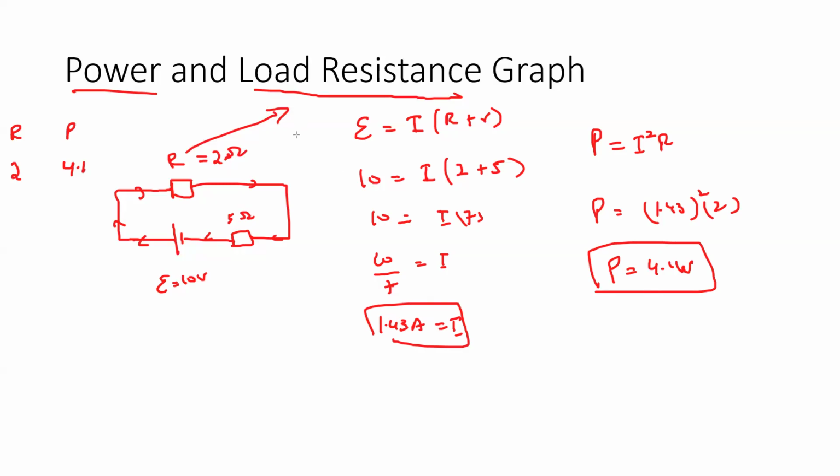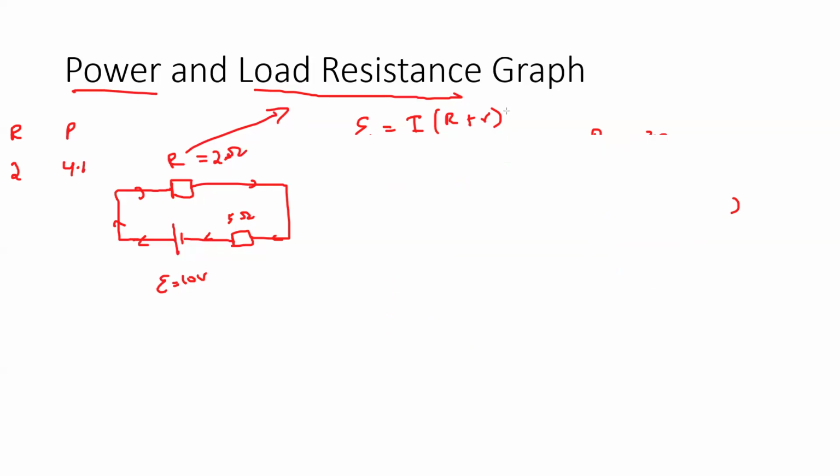Now we change the load resistance to a new value. Let's say the load resistance is now 5. We'll solve first for the current. The EMF is 10, I is unknown, the load resistance is 5 and the internal is also 5.